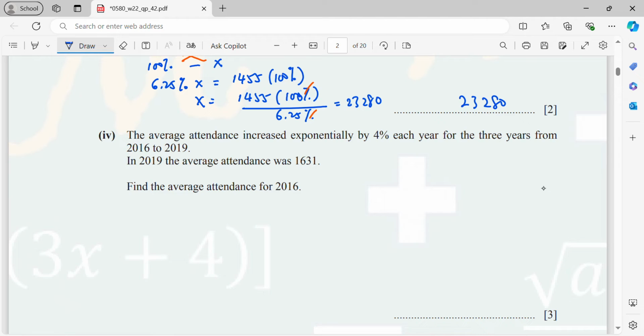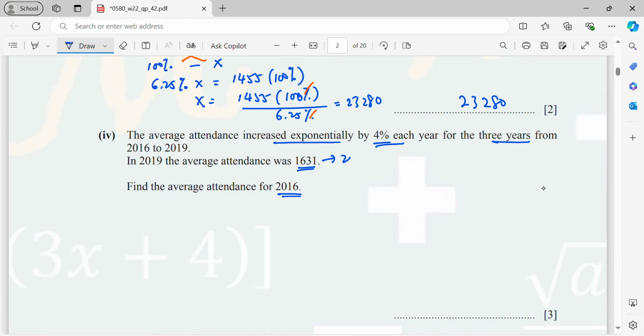Now part 4. The average attendance increased exponentially by 4% each year for the 3 years from 2016 to 2019. In 2019, the average attendance was 1631. Find the average attendance for 2016.